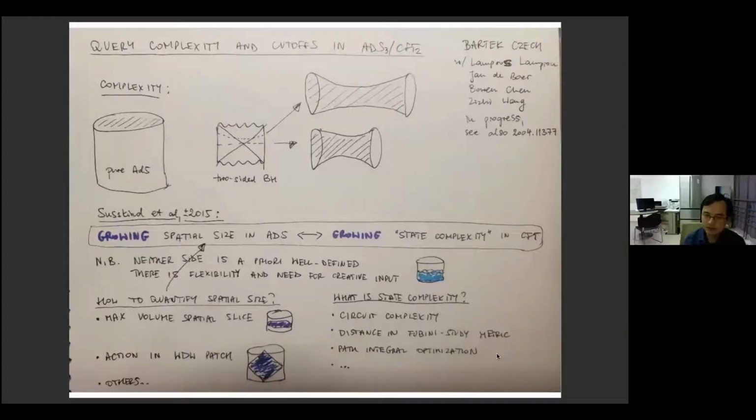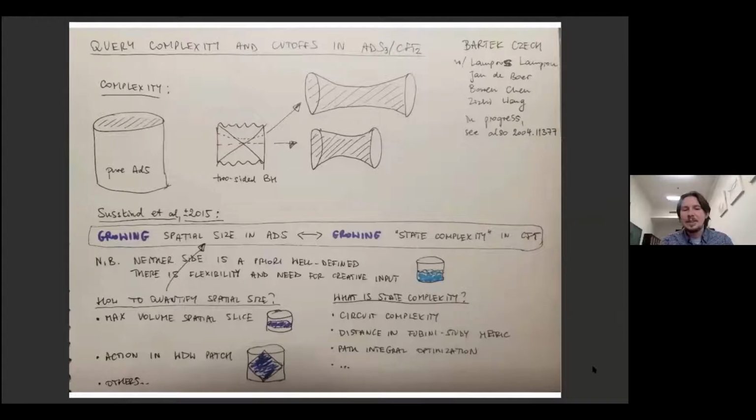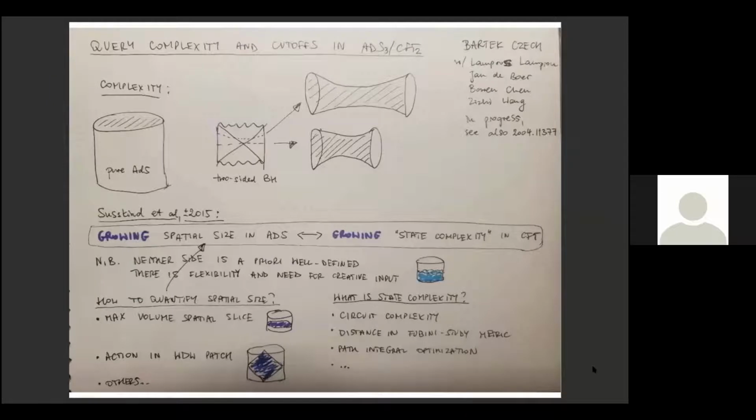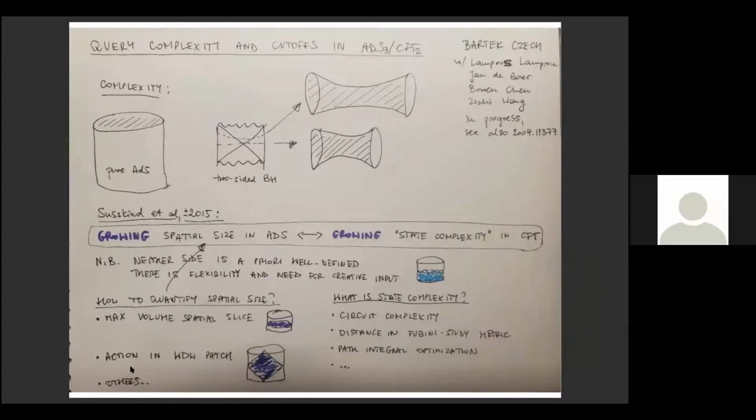Okay. Any other questions? Yeah. So this method can be applied to evaluate the complexity for a concrete CFT model that is not holographic, right? Yes. So you can do an explicit calculation to get, for example, the asymptotic behavior for a general model, right?